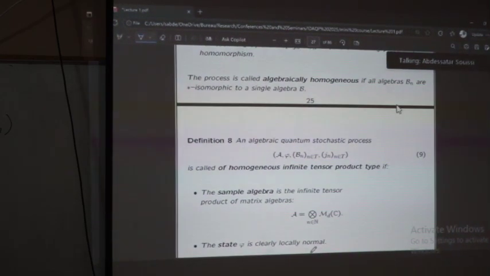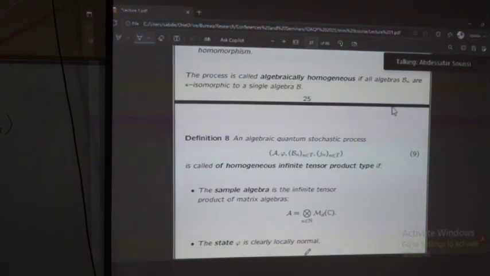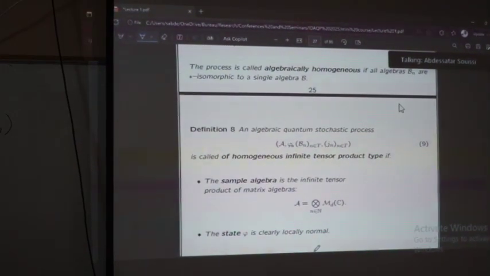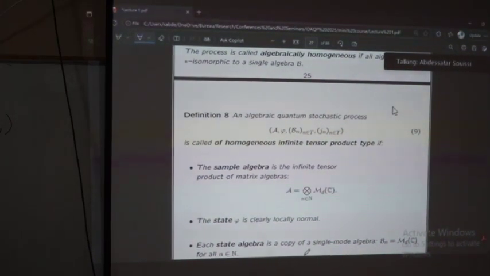Now for the homogeneous infinite tensor product, we may identify, in the finite dimensional case, the algebra A with the infinite tensor product of the copies of the algebra.